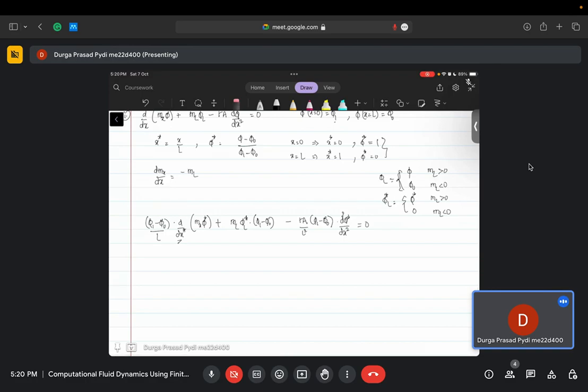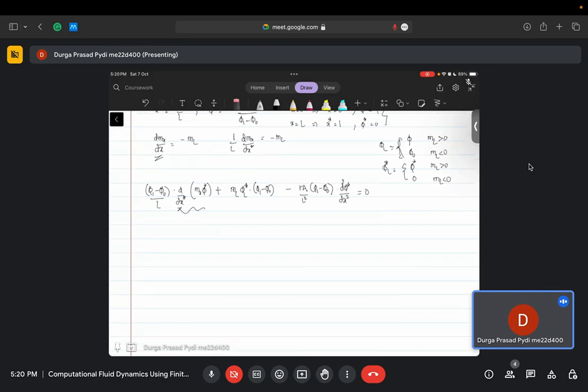So we can further non-dimensionalize these things. So 1 by L dmx by dx star is essentially minus ml. If I expand this further and cancel phi1 minus phi0, or maybe we'll leave it at this point.